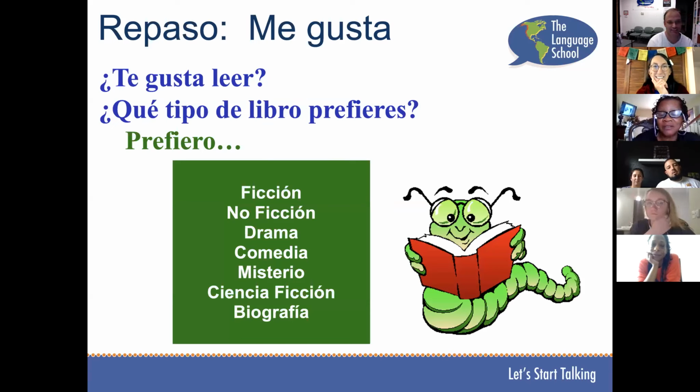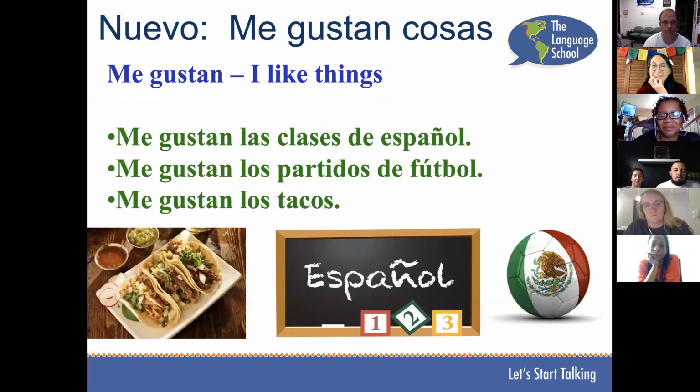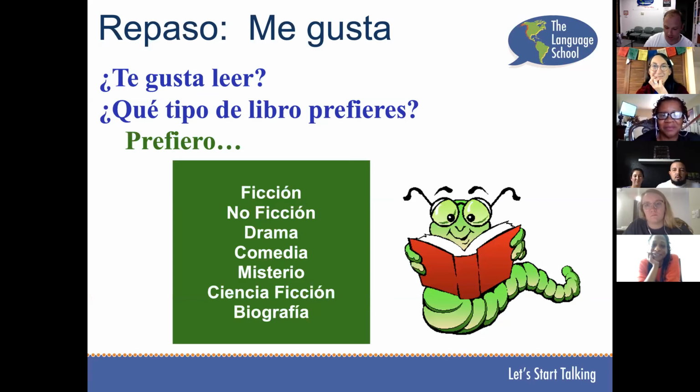All right, Daisy to Emily. ¿Te gusta leer? Sí, me gusta leer. ¿Qué tipo de libro prefieres? Prefiero ficción y biografía, both equally. So prefiero means you like one more than the other.